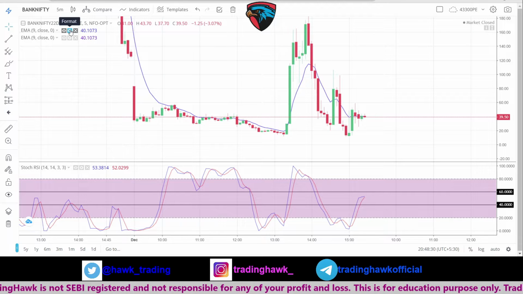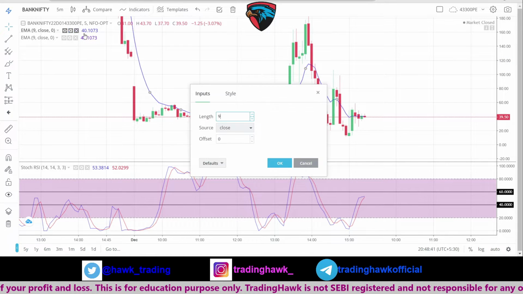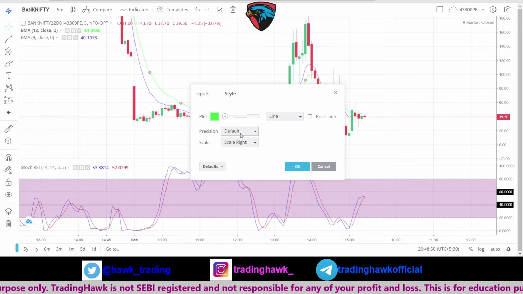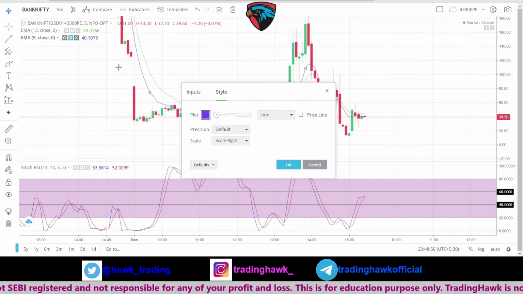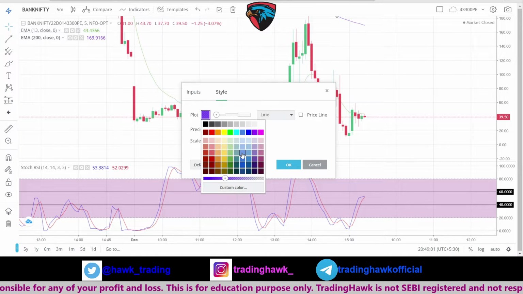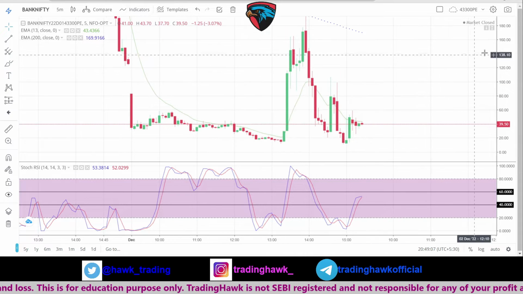Okay, so we add two exponential moving averages. Here we write just EMA and choose moving average exponential. We need the first exponential moving average as 13, and I will change the color to green, maybe a darker green, and then we need a moving average of 200 EMA, and I will make it violet, but dotted, with circles.